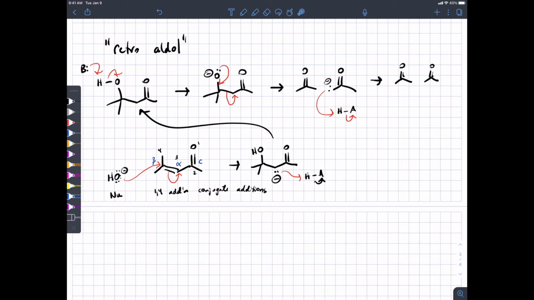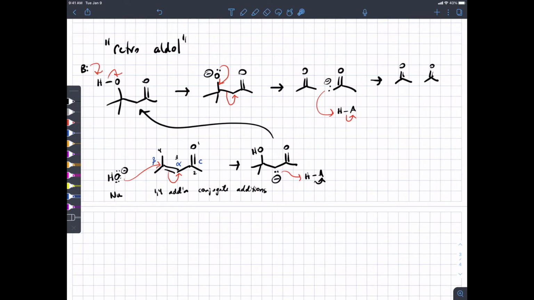For example, if I gave you this starting material and I said push it all the way back via the retroaldol reaction to give these two products, how would you know that the OH needs to attack the beta carbon? Well, that's the only way to do the retroaldol reaction.